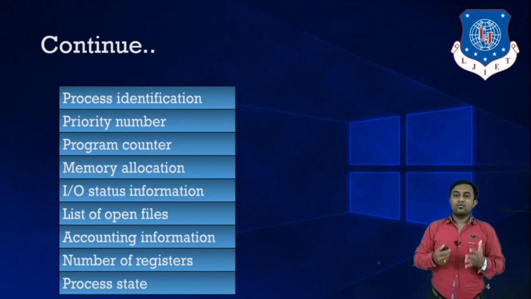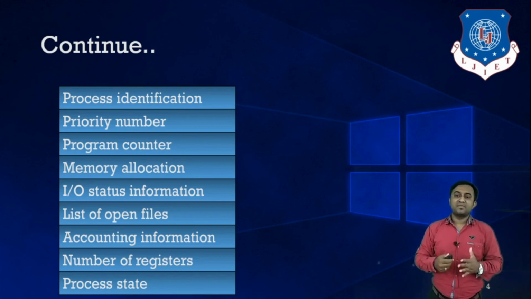Okay. Now the last field is nothing but process state. What is process state? We will have a separate session regarding process states, but right now I'm giving you a brief idea. Process state is nothing but, during its entire lifespan, a process may be in different states.